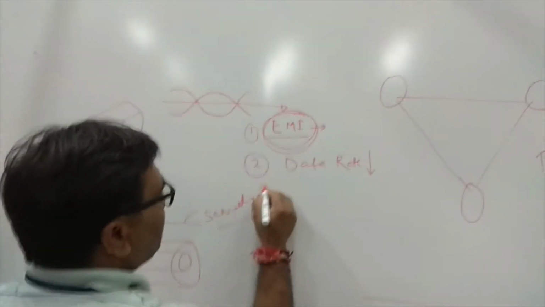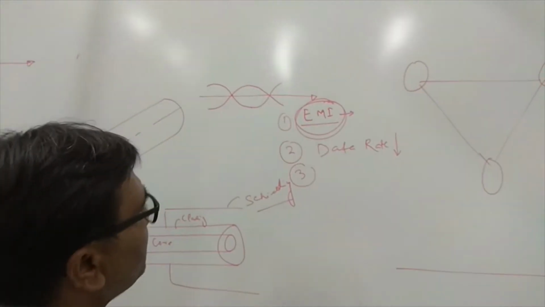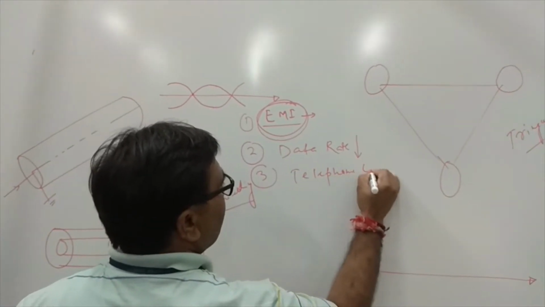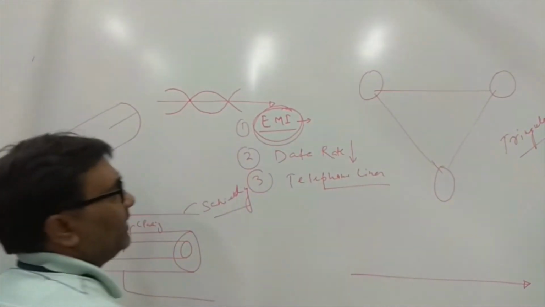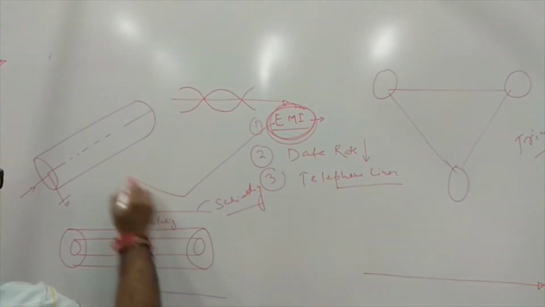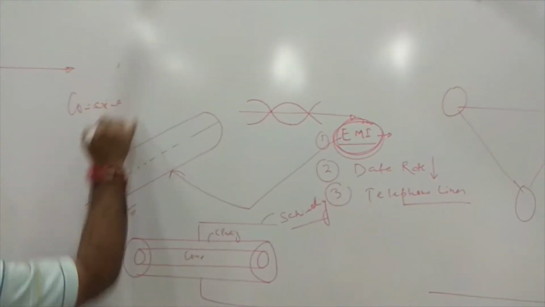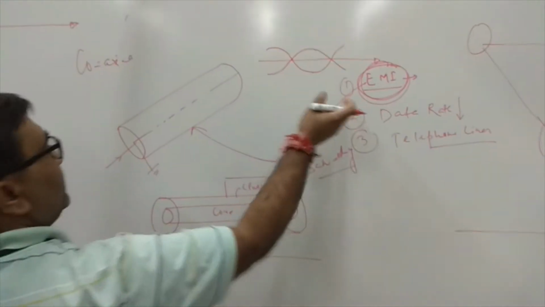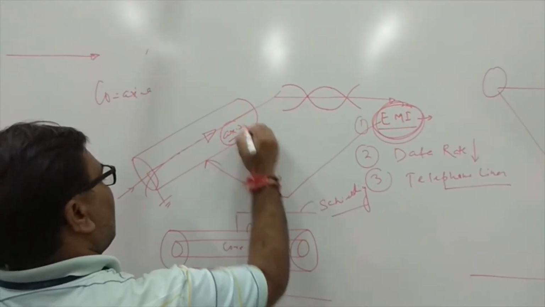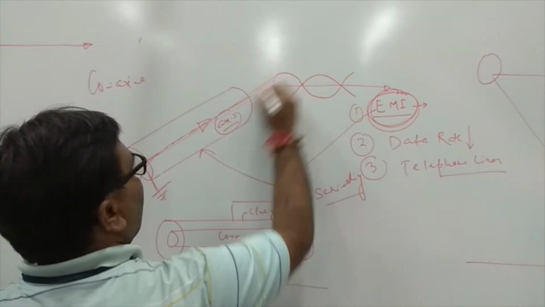Since the data rate is very low, where will these twisted pairs be used? In telephone lines, we are using this twisted pair. What is the main disadvantage? EMI. This EMI loss can be overcome by coaxial cables. Here the loss will be confined along the axis, and due to this ground, all the loss will be confined along the axis.